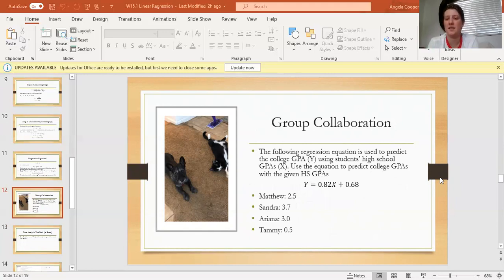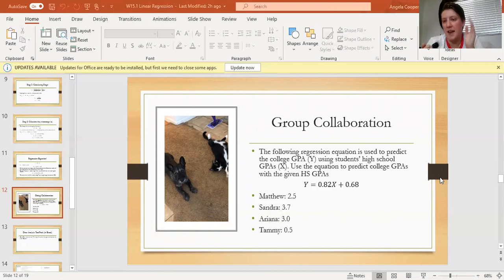We want to use this equation to predict college GPA, which is unknown to us, so this is y, using students' high school GPA, which is x. The high school GPA is provided to us, and we're going to use it to predict what we think their college GPA will be. So we're going to do that.